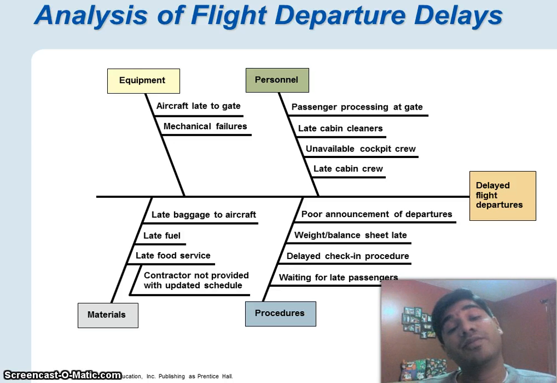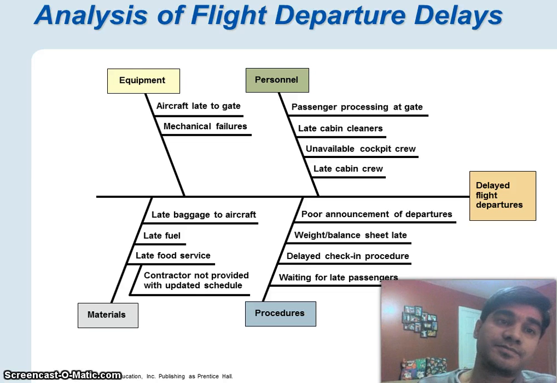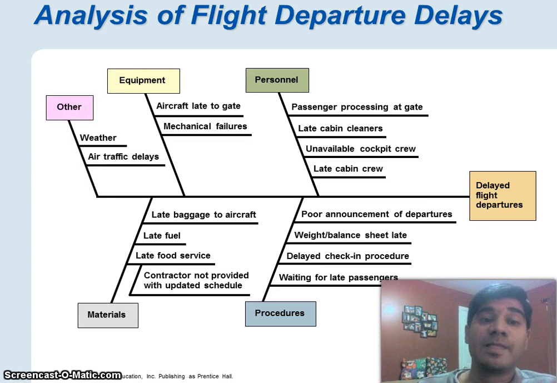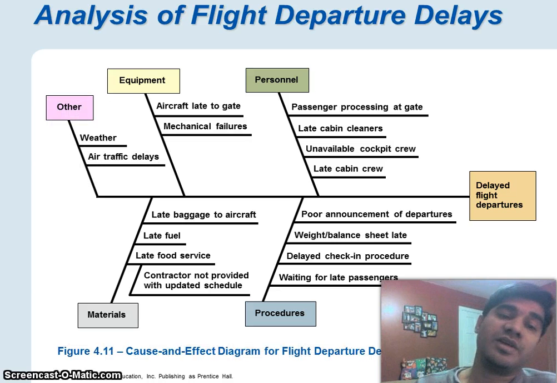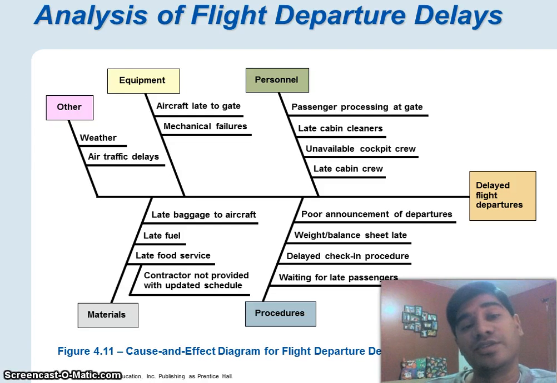And then you can have late food service, in which the contractor never provided the aircraft with the food that was needed. That's a problem. You can have other factors, like weather and air traffic delays. You can have catastrophic events like hurricanes or terrorist attacks and things of that nature that can delay a flight.